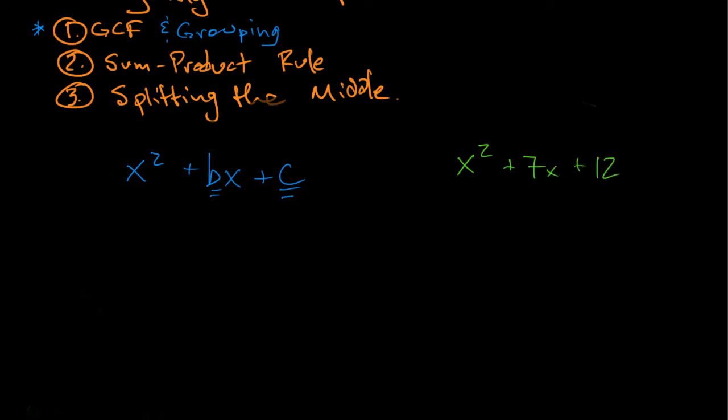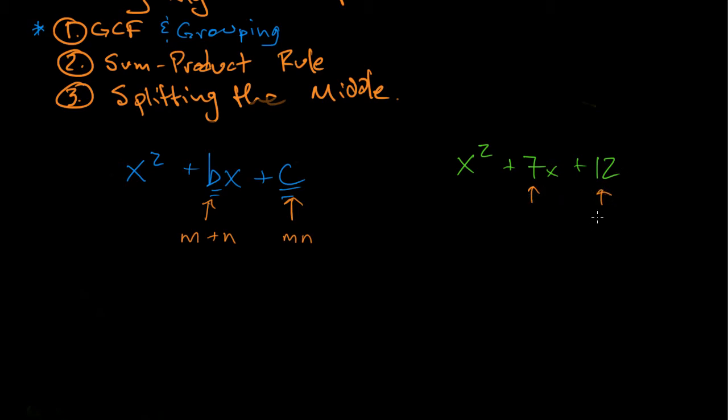To factor an expression like this, we need to look for two numbers, m and n, that add to b and that multiply to c. Let's think of the two numbers that add to 7, that multiply to 12.